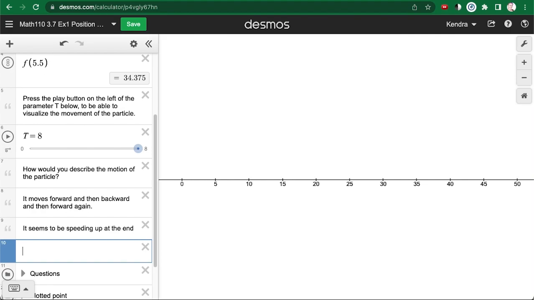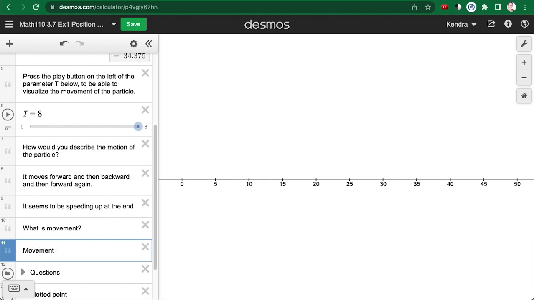And it's important to think about how we can quantify movement. Okay. And I'm going to put out the question, what is movement? Movement is really a change in position. So when you're talking about moving forward, that means that the change in position is an increase in position over time.